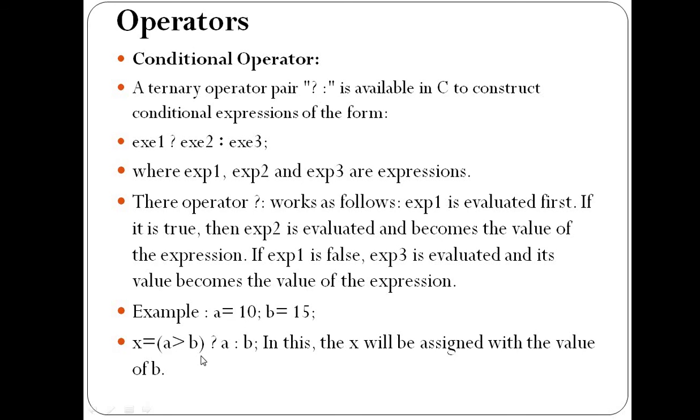So a is greater than b, the expression is true. At that time a's value is assigned to x rather than b because the condition is true, 15 is greater than 10. So 15 is assigned to x, the value becomes the second expression and the third is skipped. So that is the conditional operator, and it is called ternary because it has the pair of question mark and colon.